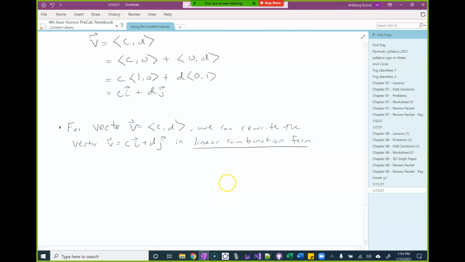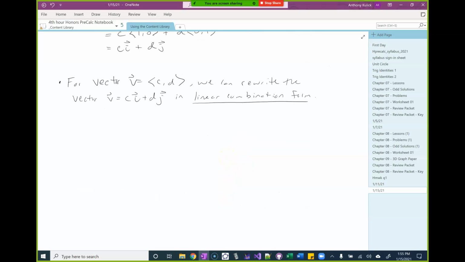At this point, there's not really anything that we're going to do with that right away, so just tuck that away in the back pocket. It's just another way of representing a vector. We'll probably come back to that a little later on, and it'll become more useful, but for right now, it's just something that we have.